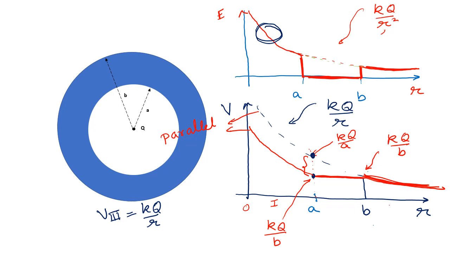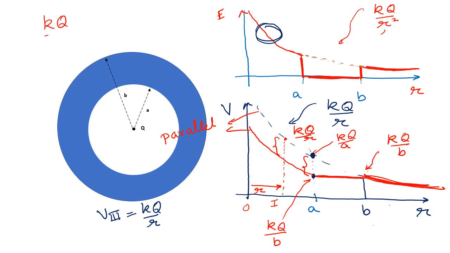So if I go to any specific place, let's say I've gone to a distance r, this point is KQ by r. With respect to KQ by r, I have dropped by that amount. What is that amount?